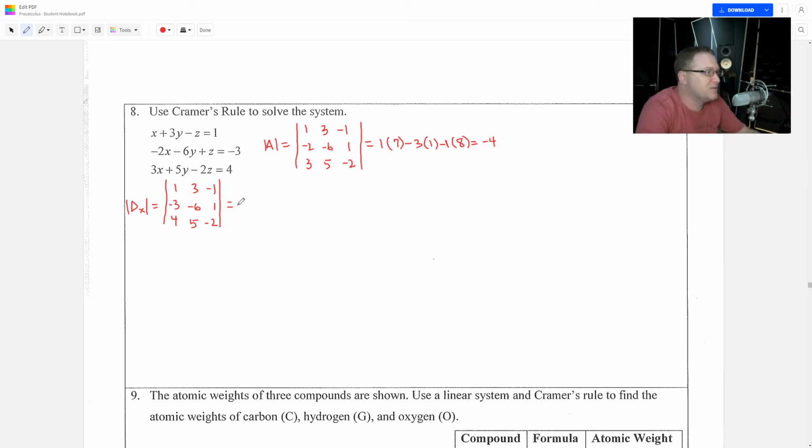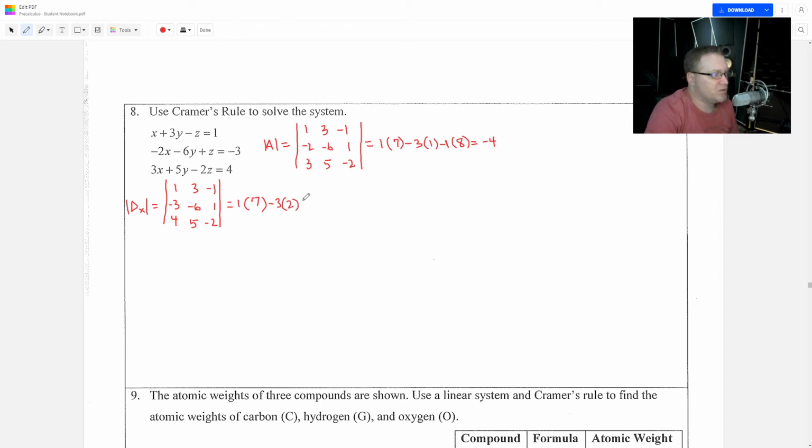All right, so let's keep going. Again, how do we do this? We're going to say 1 times, and then we cross everything out. We have negative 6 times negative 2 is 12, minus 1 times 5 is 5. 12 minus 5 is 7. Then we're going to minus 3 times, and if we cross out everything in the 3 row and 3 column here, we have negative 3 times negative 2, that's 6, minus 1 times 4. 6 minus 4 is 2.